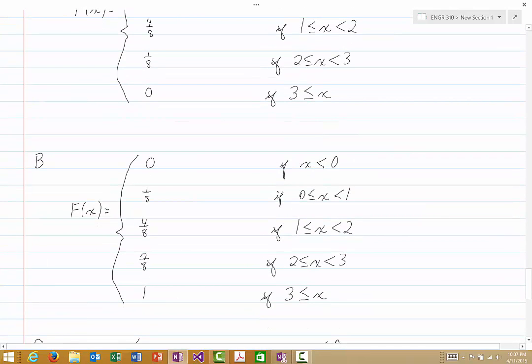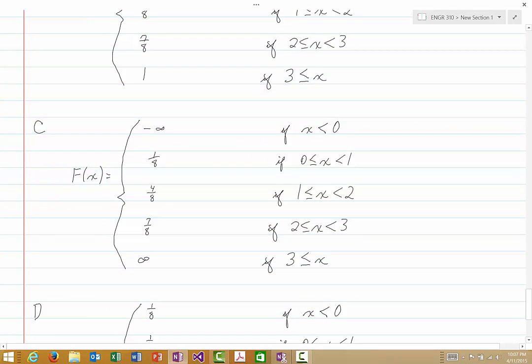Choice B says 0 if little x is less than 0, 1/8 if 0 is less than or equal to x is less than 1, 4/8 if 1 is less than or equal to x is less than 2, 7/8 if 2 is less than or equal to x is less than 3, and 1 if 3 is less than or equal to x.